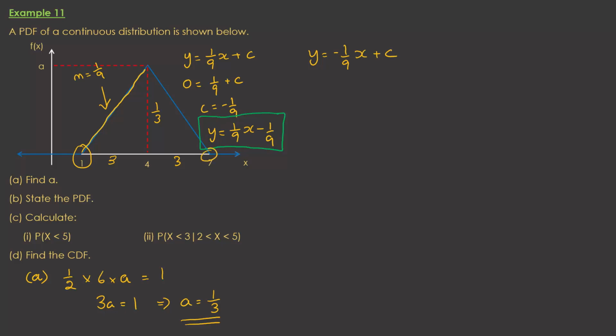It goes through 7, 0. So 0 is negative 7/9 plus a constant. The constant is 7/9, and therefore that section is y is negative 1/9 x plus 7/9.